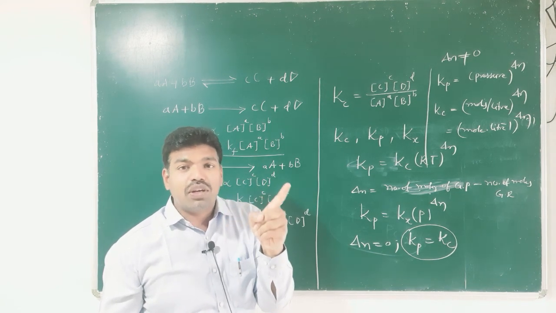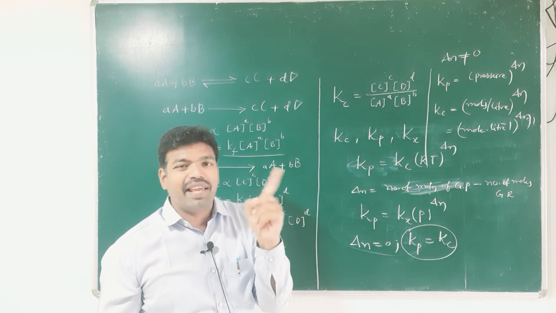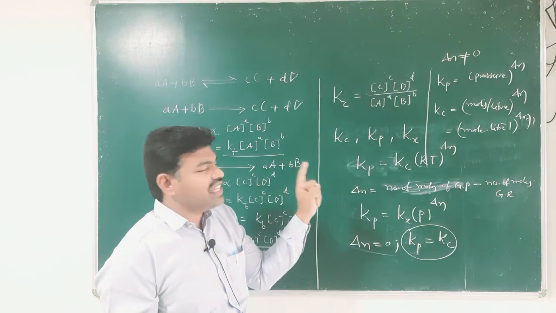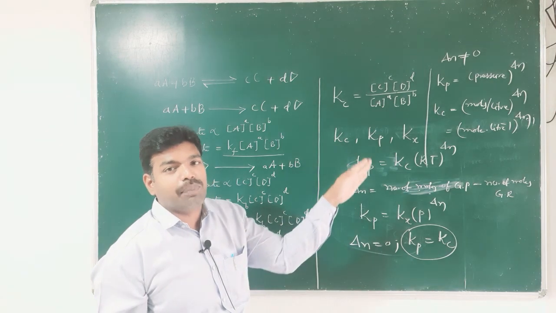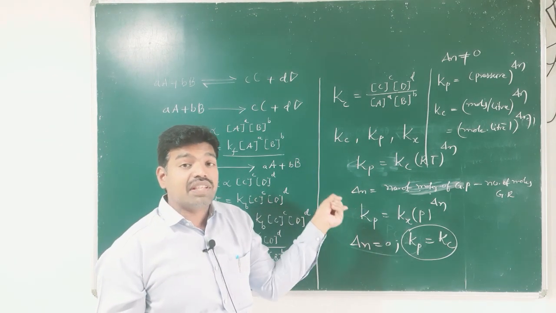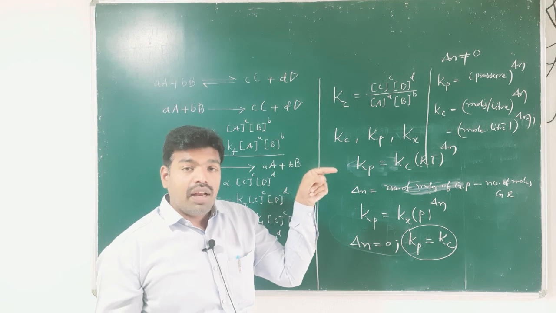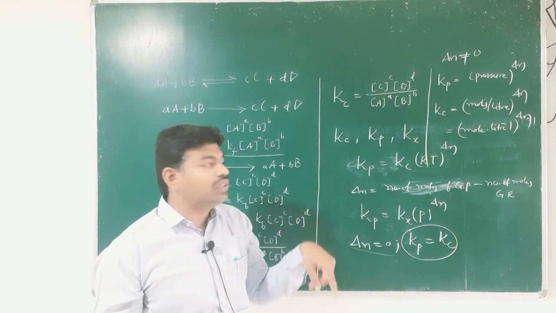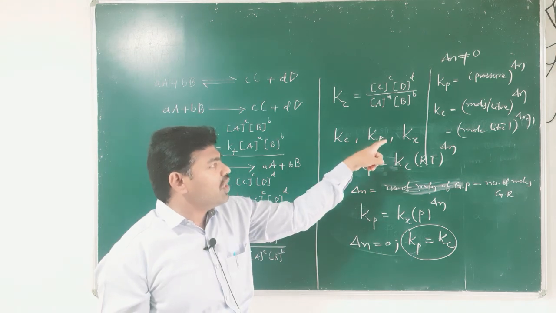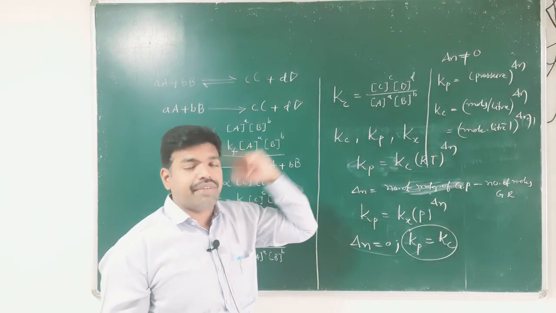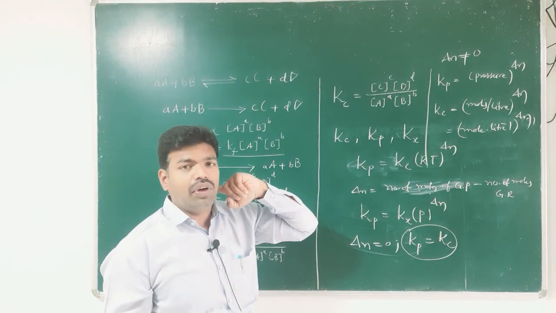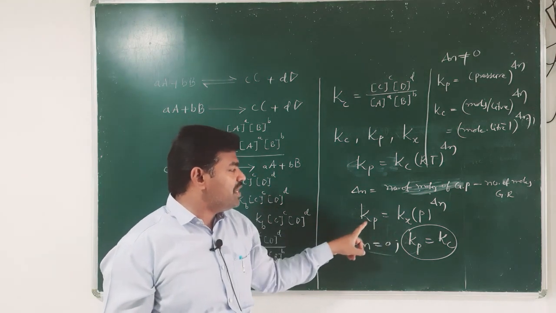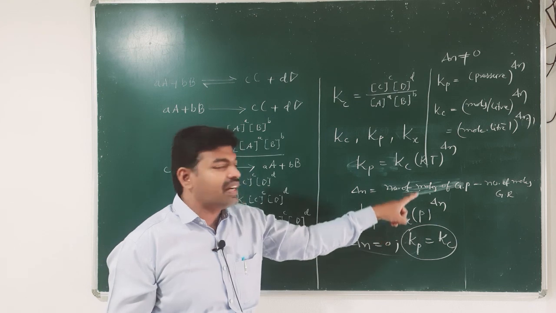There are two equilibrium constants, Kp and Kc, and the relation between them is Kp equals Kc into (RT) power delta n. We can also express the equilibrium constant in mole fractions, as Kx, and the relation between Kp and Kx is Kp equals Kx into P power delta n.